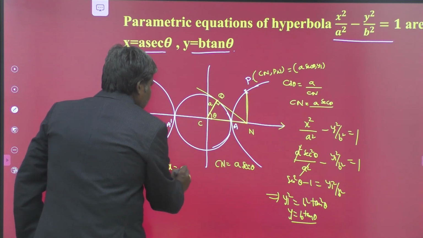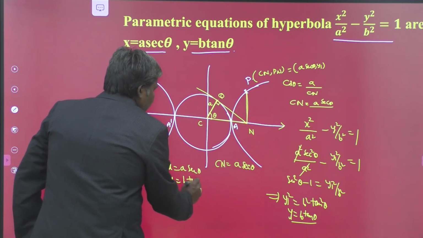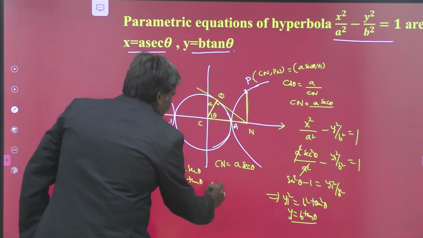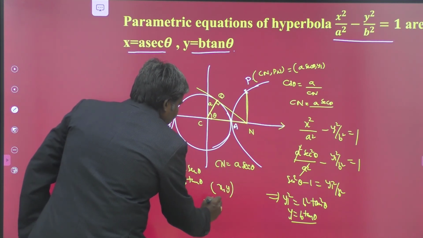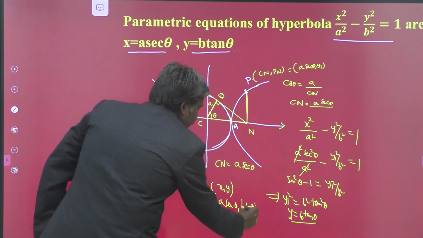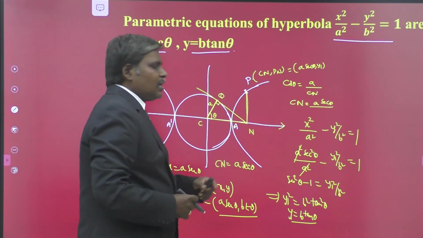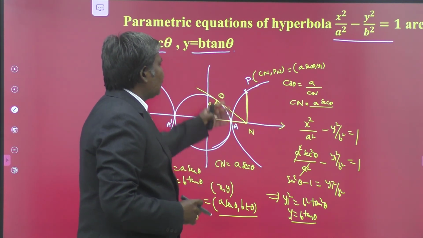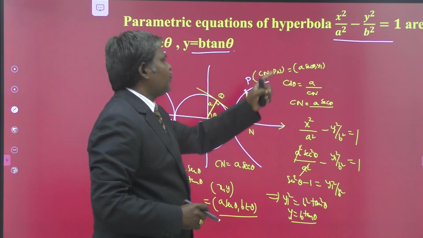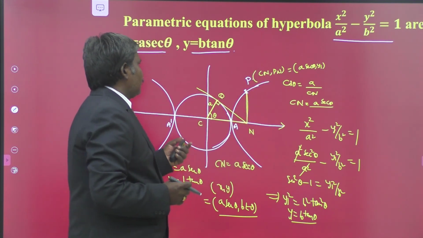So any point (x, y) as (a secant theta, b tan theta) is any point on your hyperbola. So we take x equals a secant theta, y equals b tan theta as the parametric equations of our hyperbola x square by a square minus y square by b square is equal to 1.